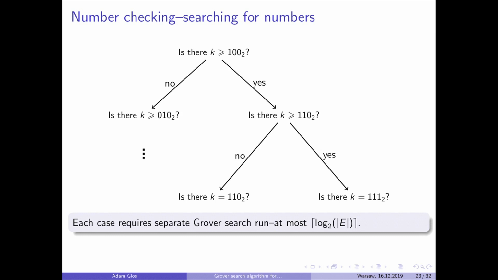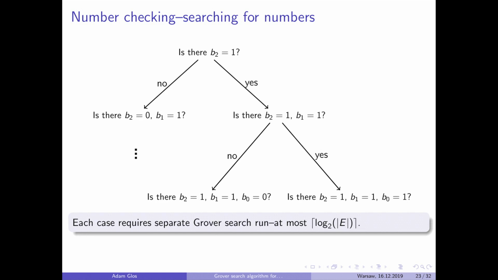But we have only bits. We can ask similar questions using a binary notation, where 4 is just changed into 1, 0, 0. There was a 6 here, so it's changed into 1, 1, 0, and so on. But we can relatively easily check our bits with the following form.